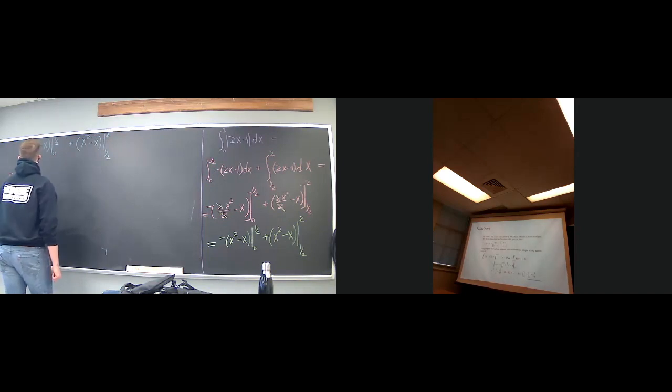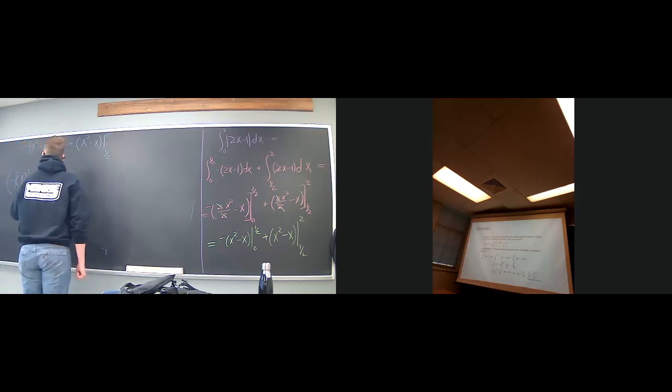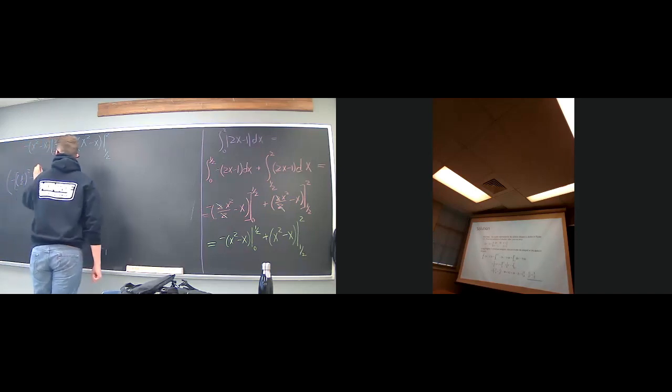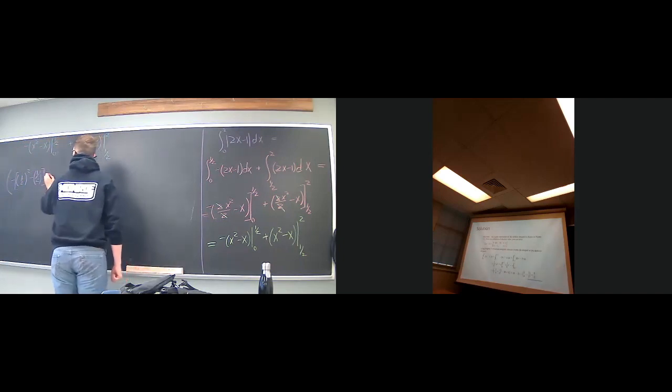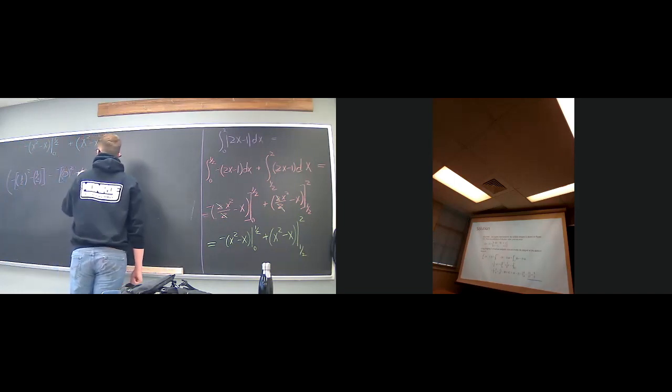Negative 1/2 squared minus 1/2, minus negative 0 squared minus 0.